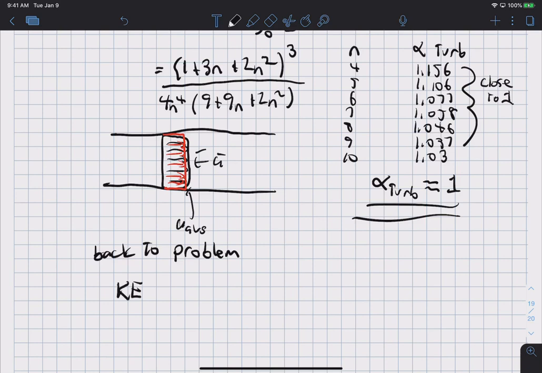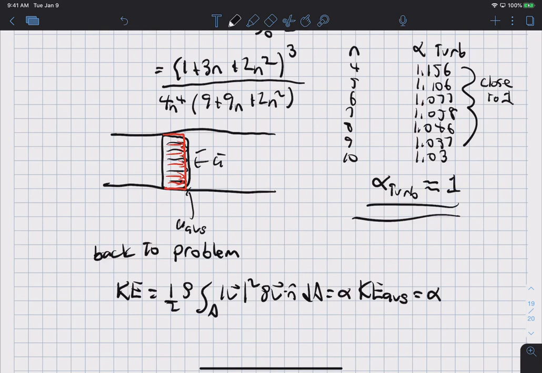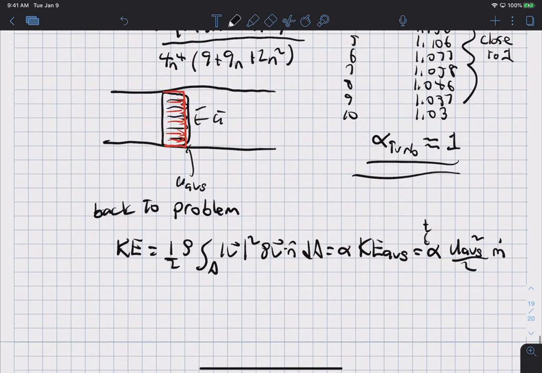And so now finally we can go back to our problem. The kinetic energy integral, which is what we were working with, equals 1 over 2 times the integral over the area of rho v squared, v dot n hat dA, and that equals alpha times the kinetic energy based on the average velocity profile. So that equals alpha times U averaged squared over 2 times m dot, and of course there's a plus or minus out here too. So our nasty kinetic energy integral is just in terms of numbers that we know.